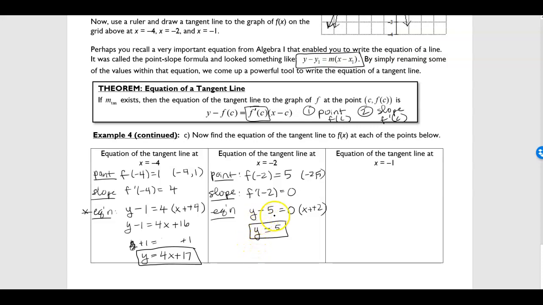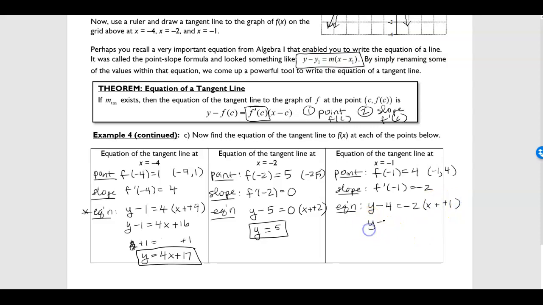Last one, equation of the tangent line at x equals negative 1. So my point, f of negative 1, I could see that that was 4. So my point is negative 1, 4. My slope is f prime of negative 1, which we found to be negative 2. And then I can plug that into my equation. y minus my y value, 4, equals my slope, negative 2, times x minus my x value.